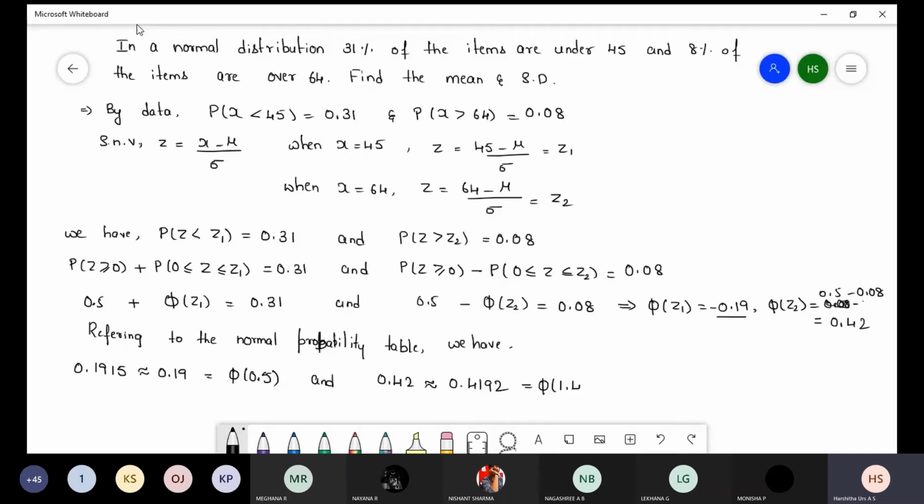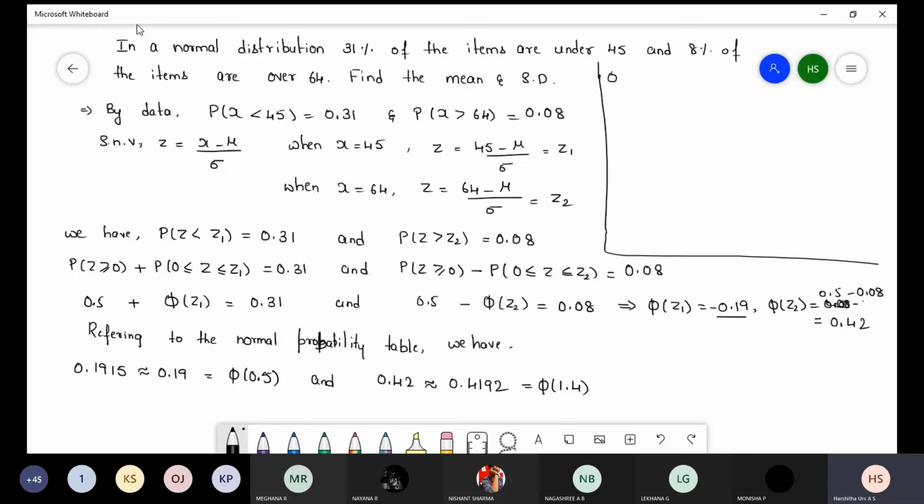In the reverse order we have to see in the table where we get the approximation value for Z1 and Z2. Once we find Z1 and Z2, I will continue the problem here only.